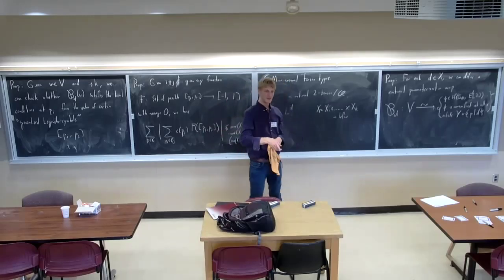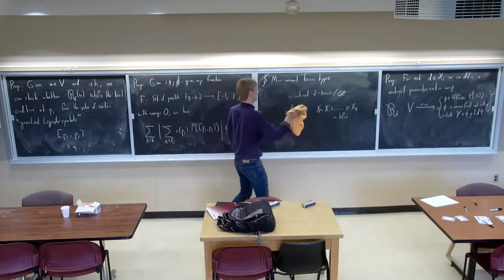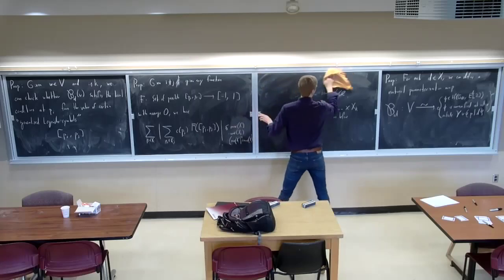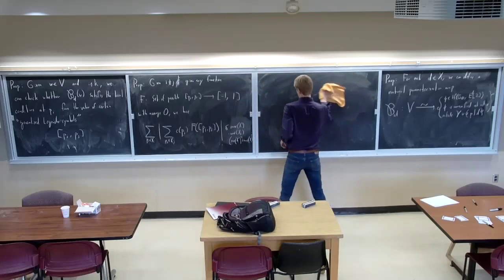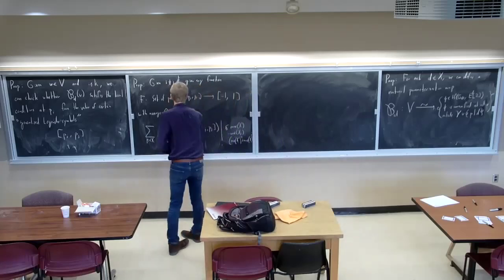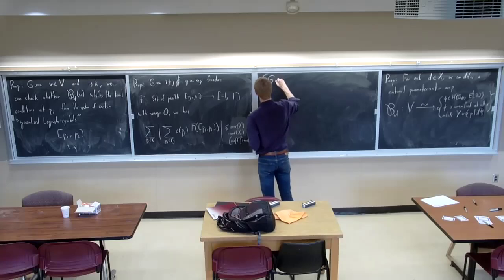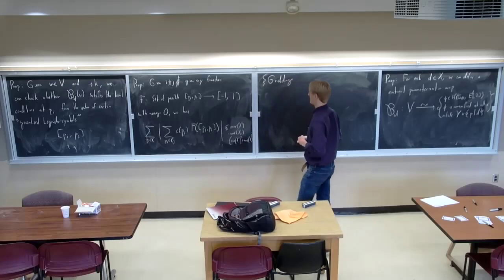But that leads me right into the last thing I want to talk about today, which is the analytic side of things. So what's known as gridding, or what I call gridding.